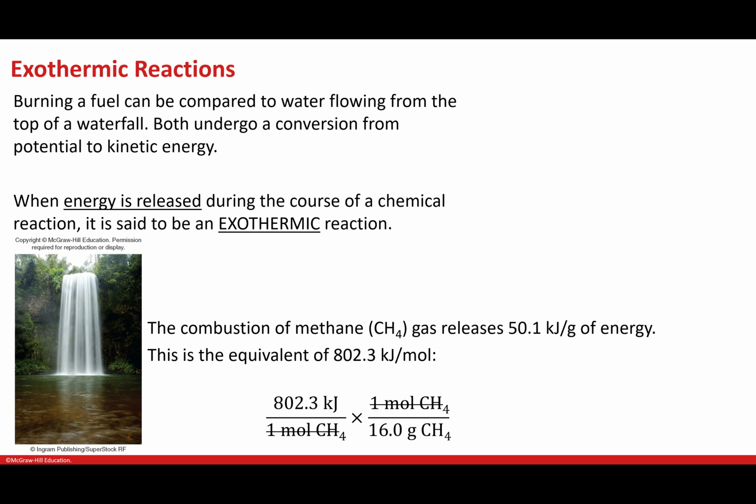We use the flipped version of the molar mass, so moles will cancel. Unit-wise, we have kilojoules per gram. With 3 sig figs, this is your answer, 50.1 kilojoules per gram of methane. Again, this right here is your molar mass. We get that from the periodic table.